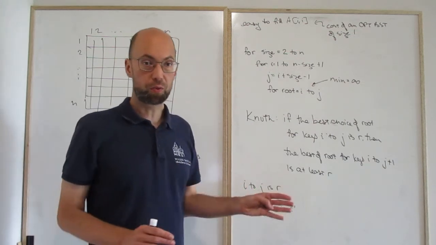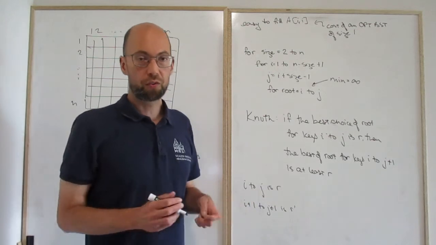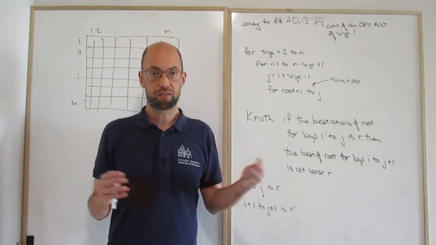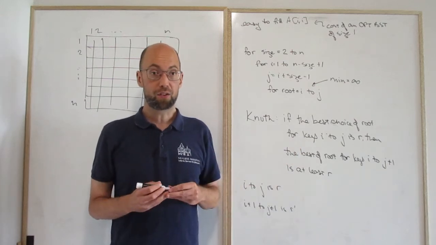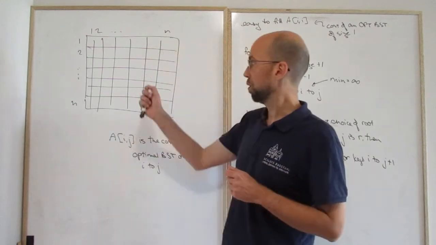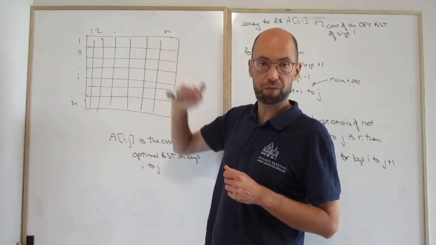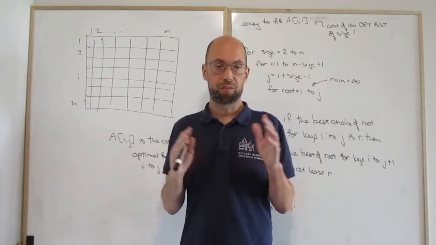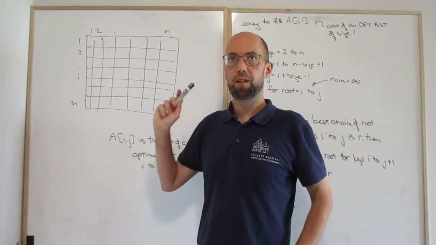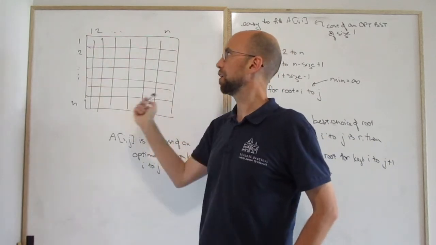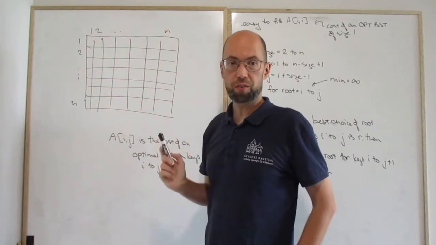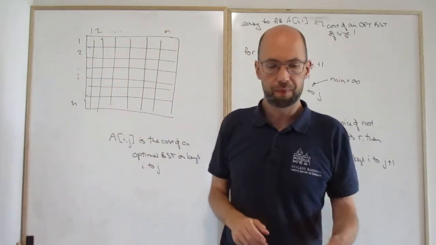It's not going to be between i and j plus 1. So if you work this all out, you get a telescoping series, everything collapses, and you end up not having to do O of n work for each of these cells. You end up doing constant work per cell over the whole matrix, so you get n squared time.